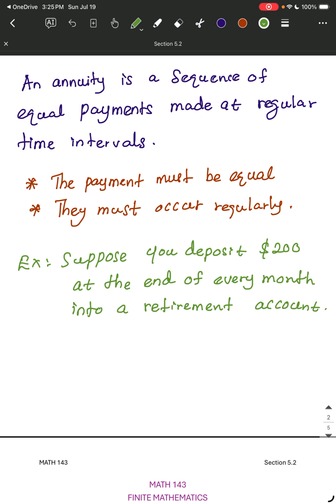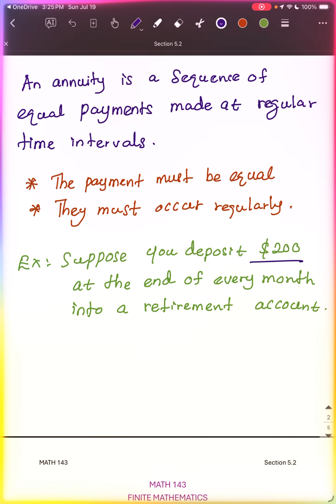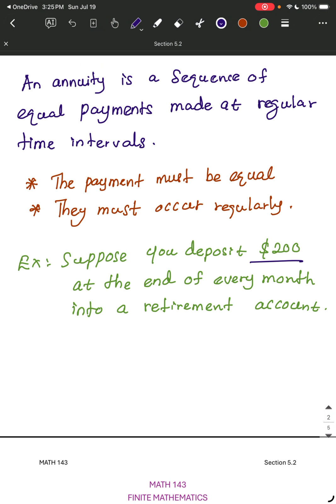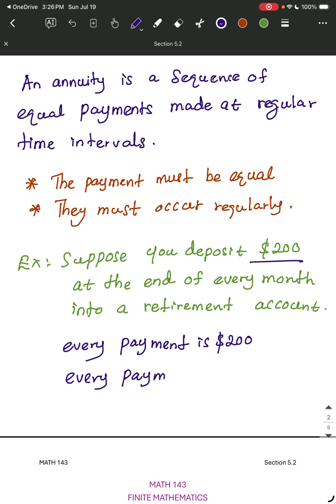That is an annuity because every payment is $200. Also, every payment is made monthly. So this is an annuity.